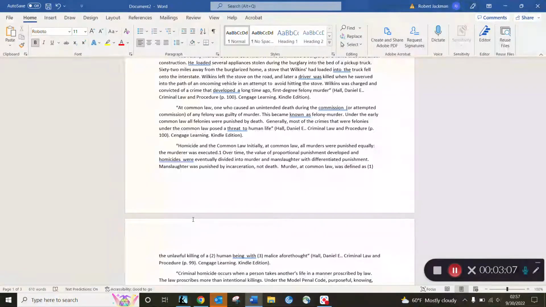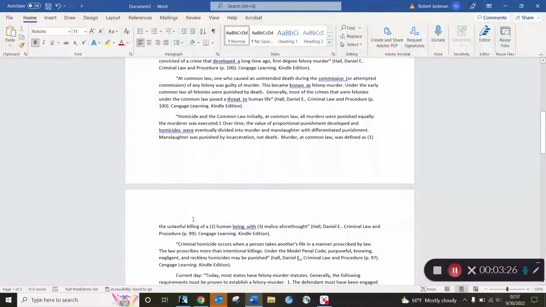Over time is when the different types of punishment and homicides were categorized. Like manslaughter was different, and incarceration was for manslaughter, I believe, not death, whereas murder was for death. Murder at common law was defined as, quote, number one, the unlawful killing of two, a human being with three, malice aforethought, unquote. And that's by Daniel Hall on page 99.